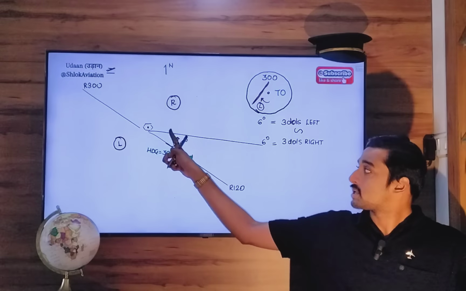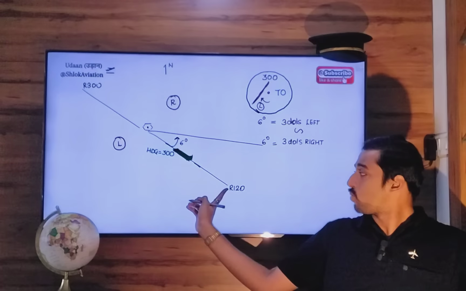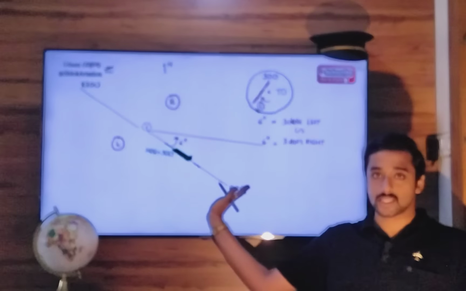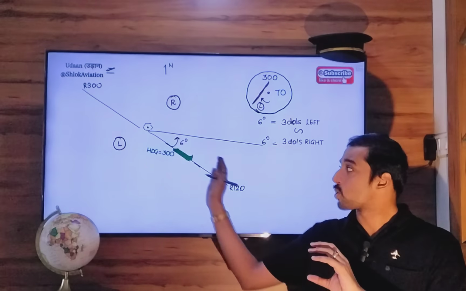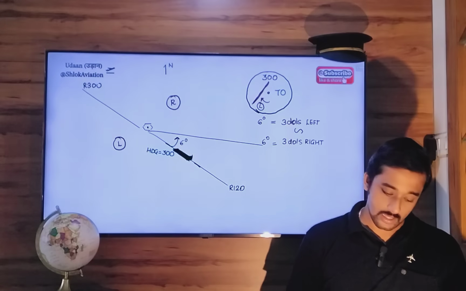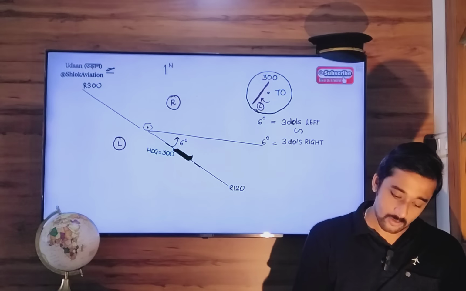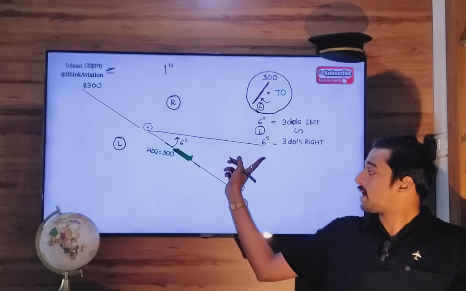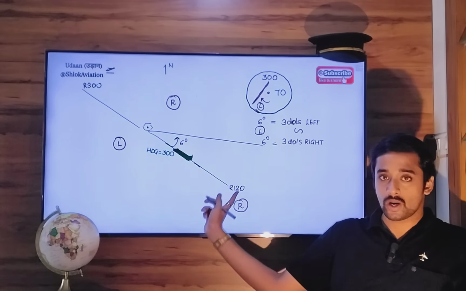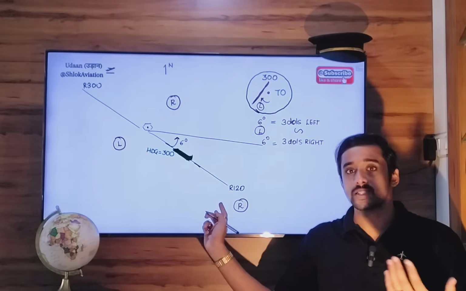That means that this track will be 120 minus 6. Okay. With the perspective of the track going outbound, this becomes your left hand side, this becomes your right hand side. So this track is to the left hand side of this 120 track. So going left, you always subtract.